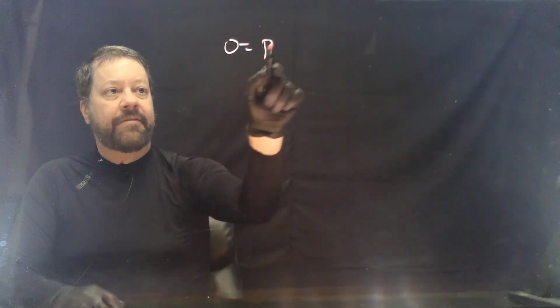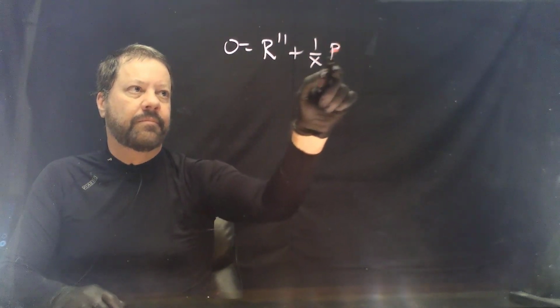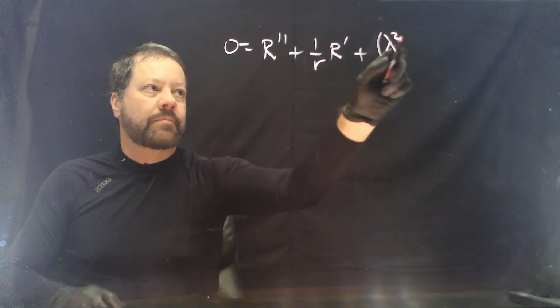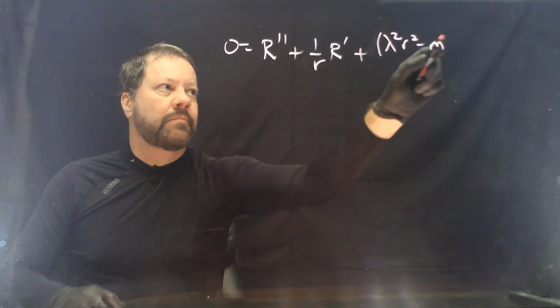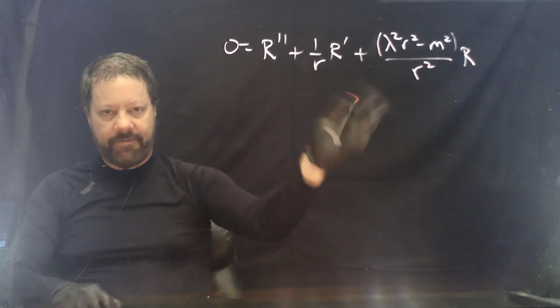We then have the parametric form of Bessel's equation.